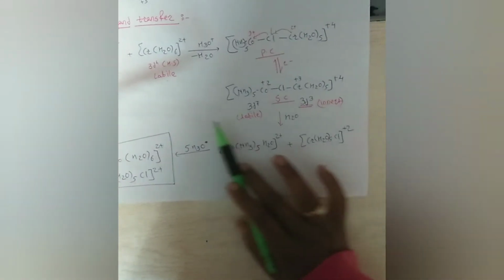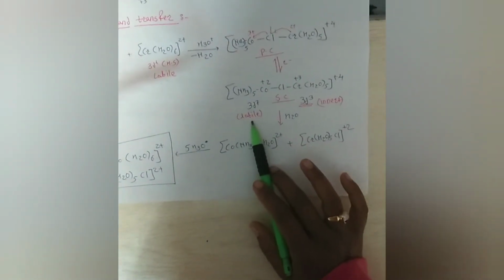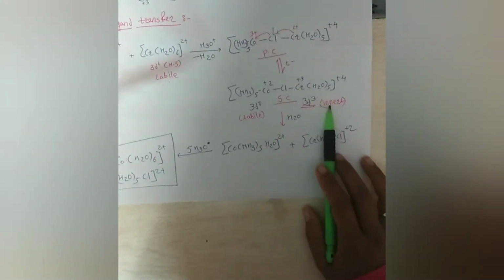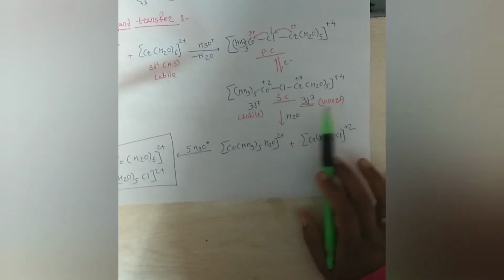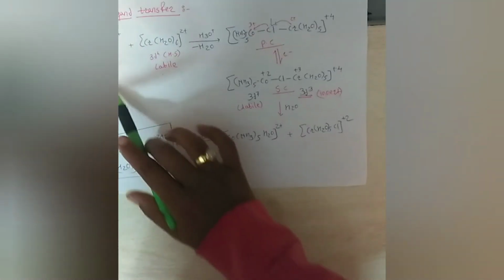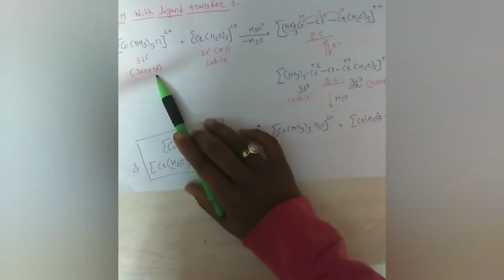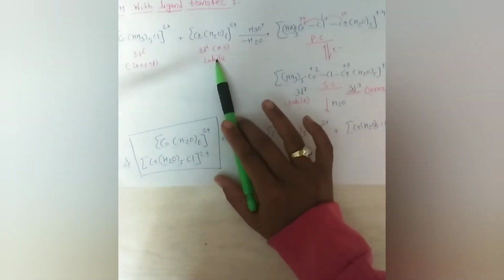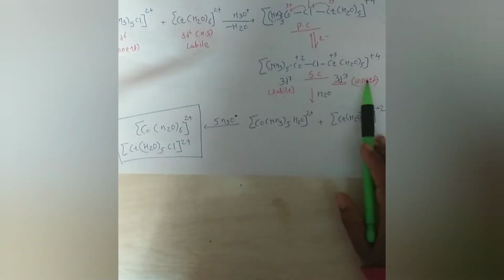Here the cobalt complex is labile and the chromium complex is inert. Okay, therefore the first complex, which was inert, gets converted into labile. The second complex, which was labile, gets converted into inert.